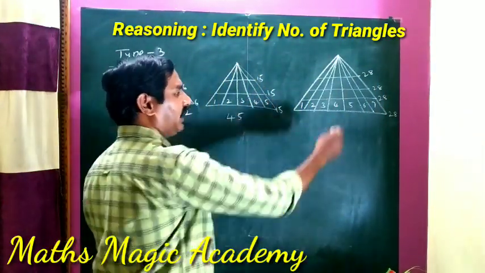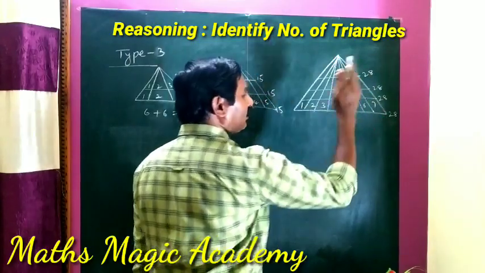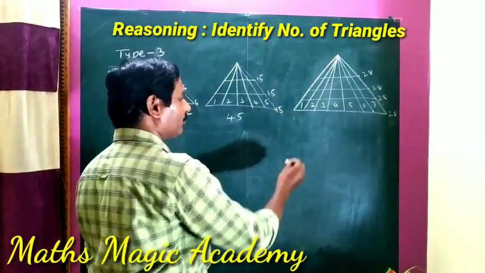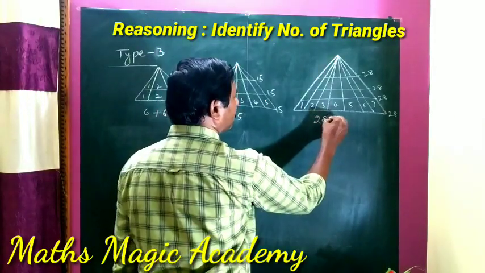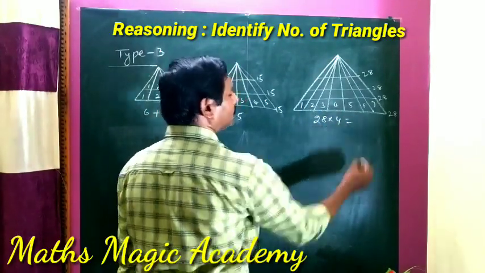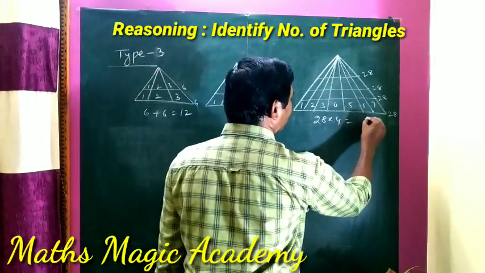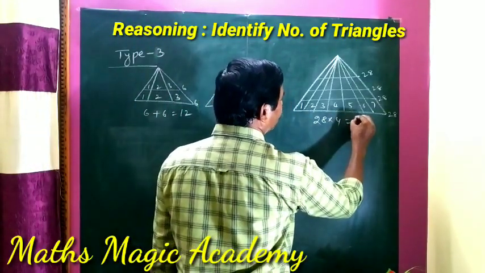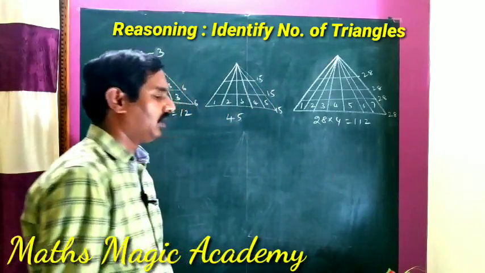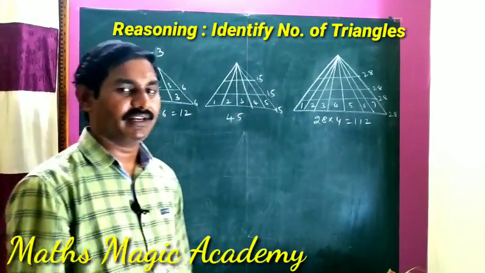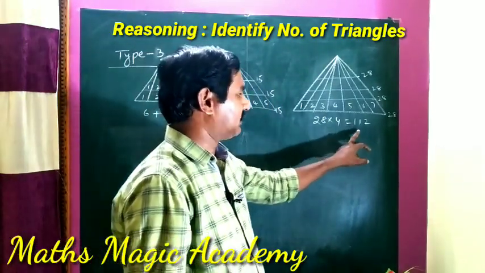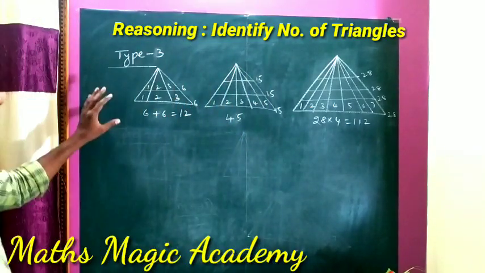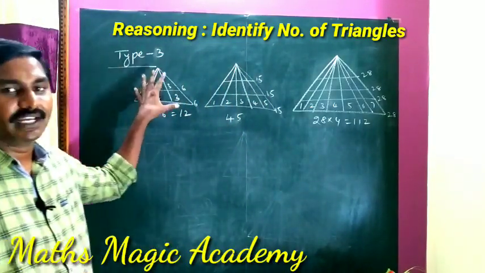So 28 plus 28 plus 28 plus 28, that is 28 into 4. So 4 8s is 32 and 4 2s is 8, and 3 carry, 11. So how many triangles are there? 112 triangles are there. So like this we can find the number of triangles in a given figure.